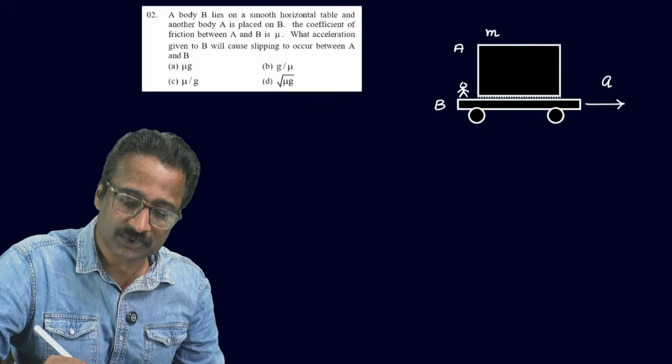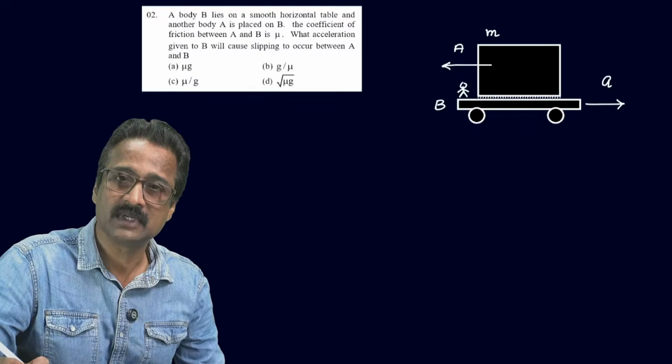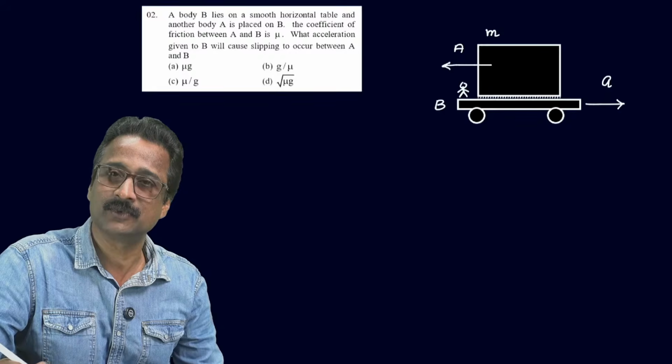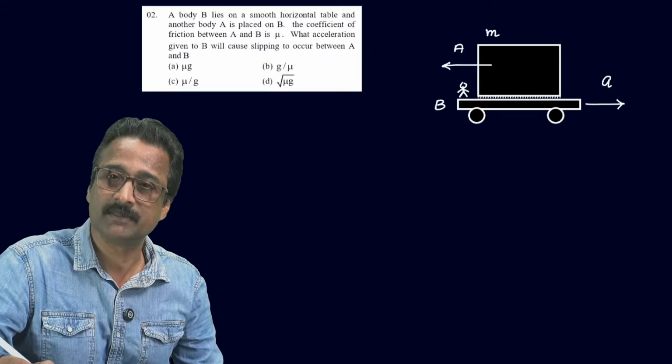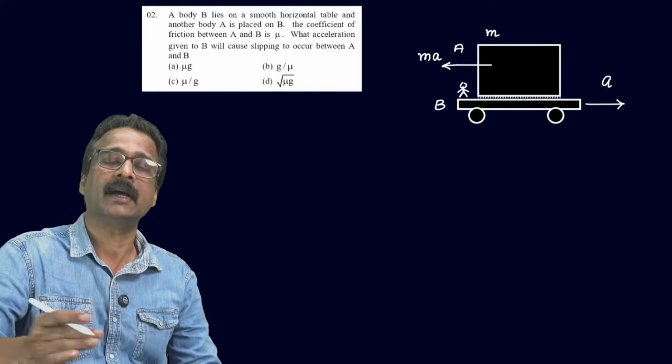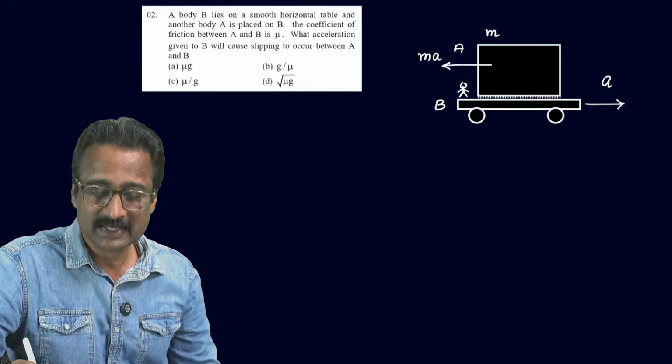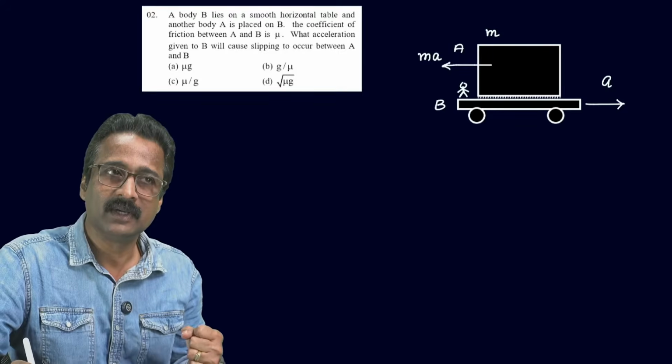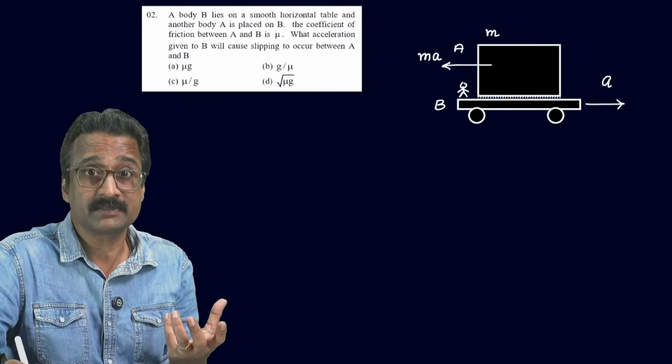I'm showing that force here. This is the direction of that force. And you know the expression for pseudo force is m into a, where m is the mass of the body and a is the acceleration of the frame. So this observer will report a force of ma backward. Now, even though ma is acting backward, the observer doesn't see the body sliding.